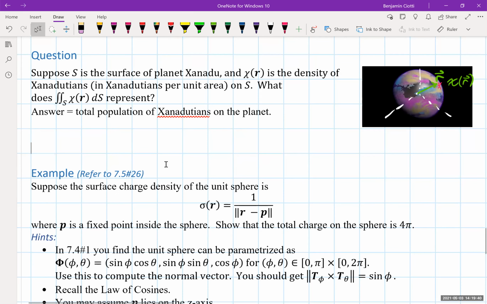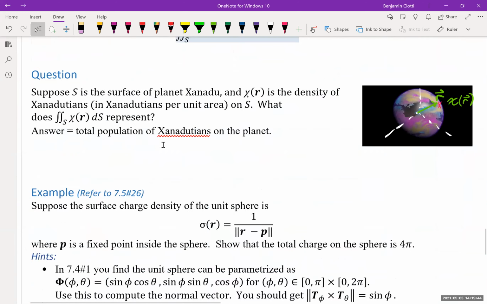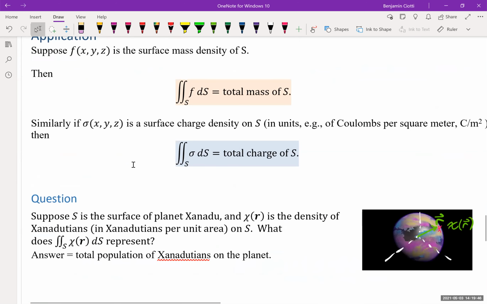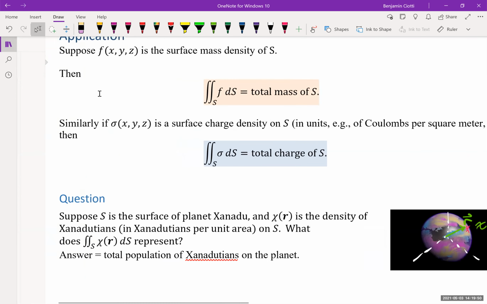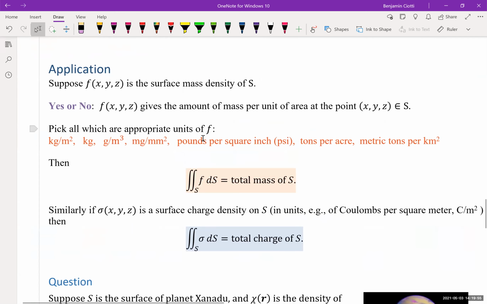I had a question about the unit discussion. So you're saying pounds per square inch is not a measure of mass per unit of area because pounds is a force. Yeah. But then you were saying tons per acre is, and I was confused because I thought tons was just a lot of pounds. You're right, actually, sorry.